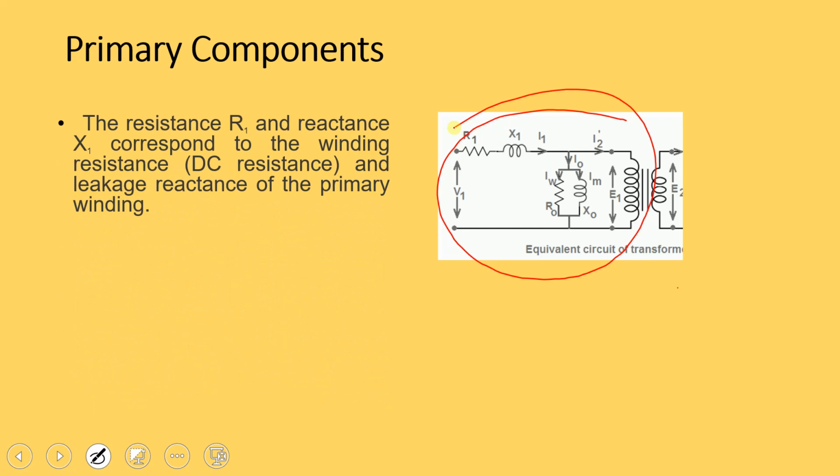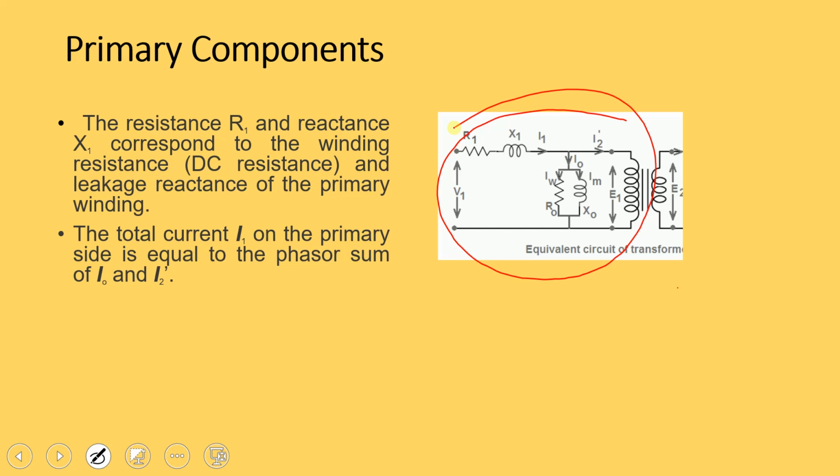It consists of the resistance R1 and reactance X1 corresponding to the winding resistance and leakage reactance of the primary winding. The total current I1, which divides into two parts, I2 dash and I naught. The total current I1 on the primary side is equal to the phasor sum of I naught and I2 dash. As you have seen in the phasor diagram, we are finding I1 from the resultant of I naught and I2 dash.